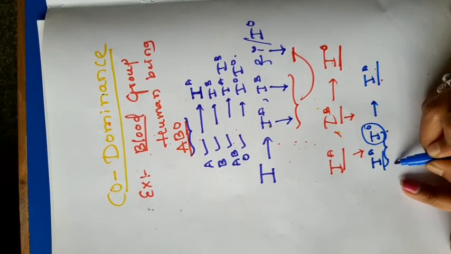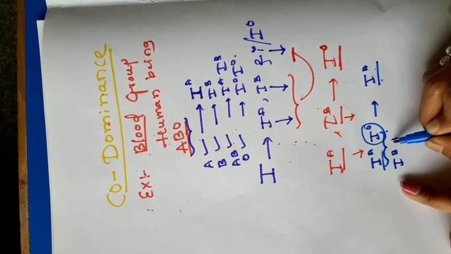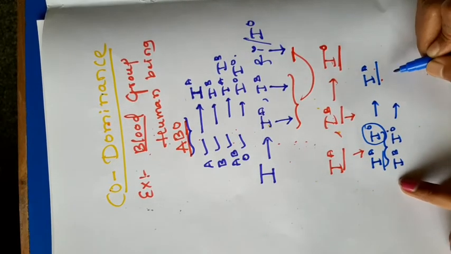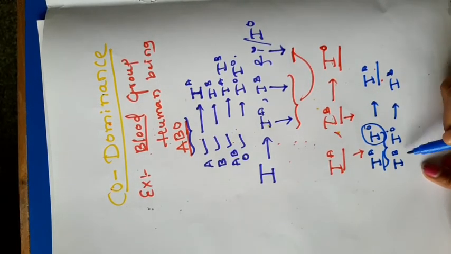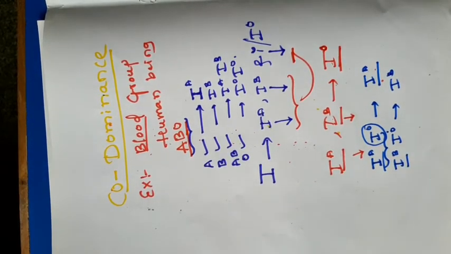Next, if IB is with the IO gene, only the IB gene is going to be expressed, because IB is completely dominant over IO. I told the reason: the IO gene doesn't produce any sugar molecule. That's why IA and IB are considered completely dominant over IO.